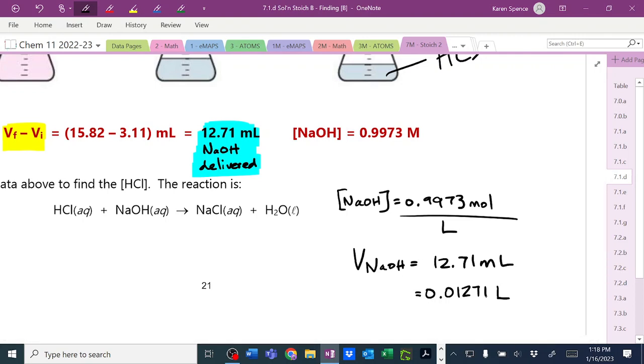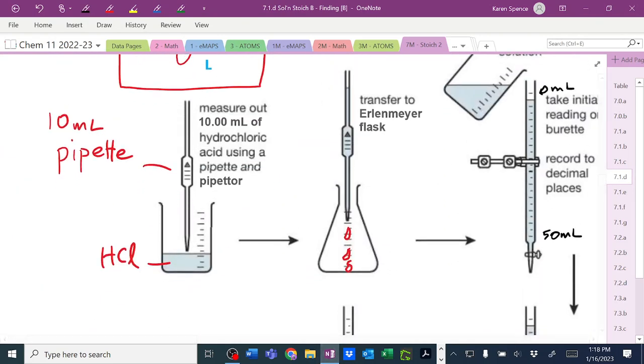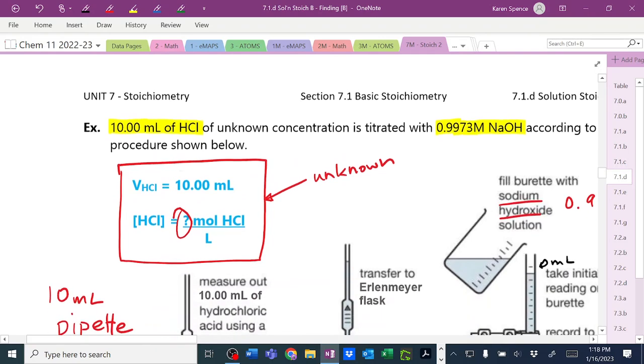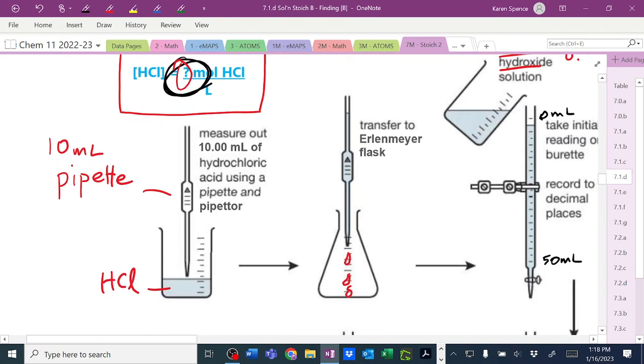What do we know about the HCl? Let's go back and take a look. Do I know the concentration of the HCl? No, that's my unknown. But what do I know about the HCl? I know I measured out 10 milliliters, right?